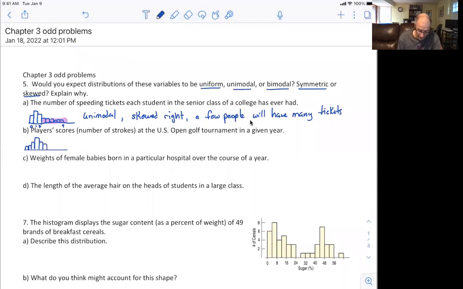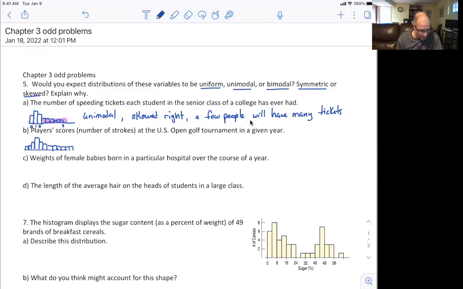Okay. However, just like when we talked about run times, it's hard to run fast, but it's easy to run slow. So that means that I could be skewed to the right because I could have a lot of people that ran slow. That's similar to golf. It's really hard to score a low score. So it's much, much easier, especially if you swing like I do, to have a much higher score in golf.